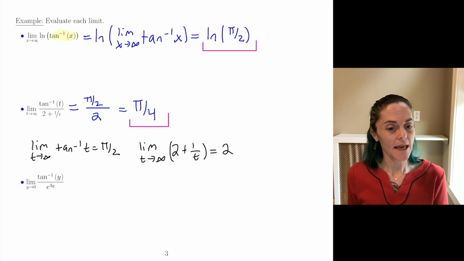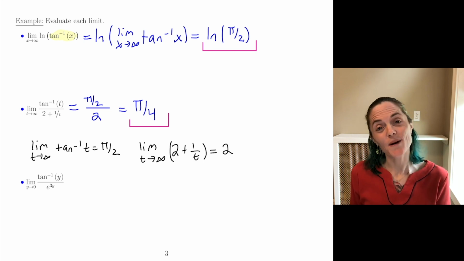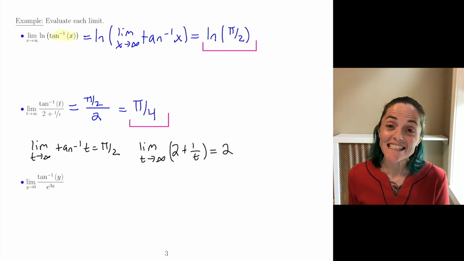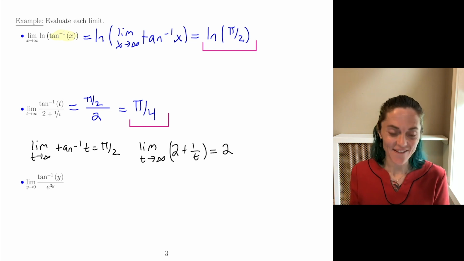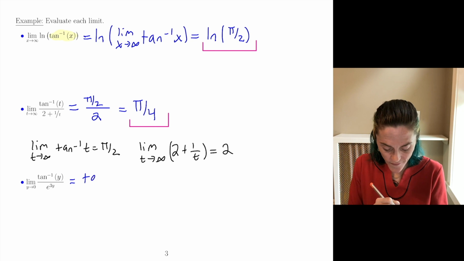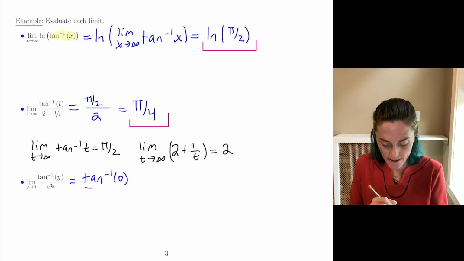Last one on this page, we want the limit as y approaches 0 of tan inverse of y divided by e to the 3y. Well, this function is continuous at 0, so we can just evaluate. We get tan inverse of 0 divided by e to the 0.